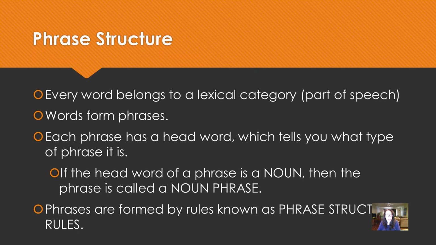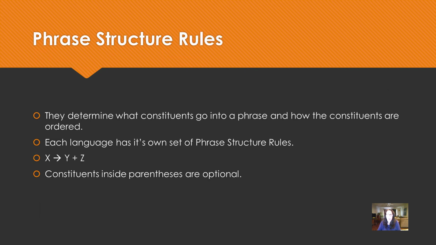So then we have phrase structure, and that just means that each phrase has its own specific rules or its own specific structure. What we want to do when we're looking at a phrase is try to find the head word, the most important word of that phrase, and that is going to tell us what kind of phrase it is. So that's what the phrase structure rules are.